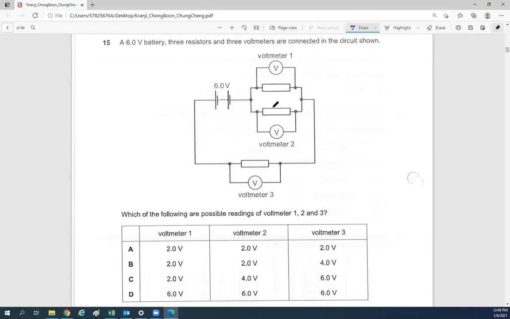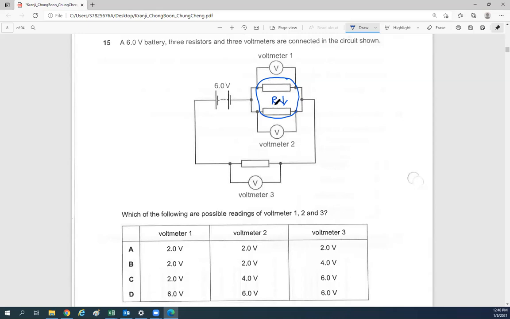Why I'm assuming that is because I know if these two are placed in parallel, the overall resistance of these two will be smaller than if it was just one. If you don't believe me, you can calculate by yourself.